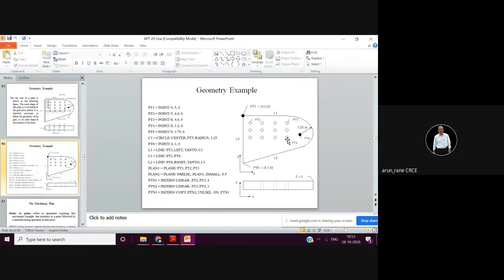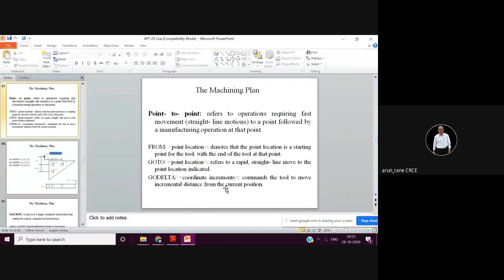Now the geometry statements are done. Geometry statements consist of points, lines, circles, planes, which are necessary to define your object or your product.